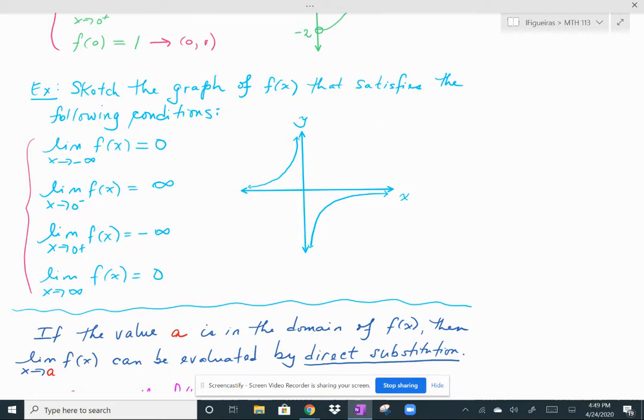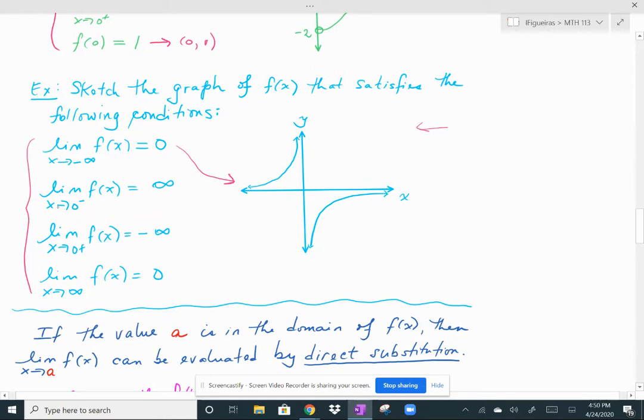So if you look here on the right, the graph is actually a very simple graph. So let's make sure that all of this works in terms of my conditions. The limit as x approaches negative infinity approaches 0, well, that's the behavior that you see right here. The further your x values go to the left, your y values are getting closer and closer to the value of 0.